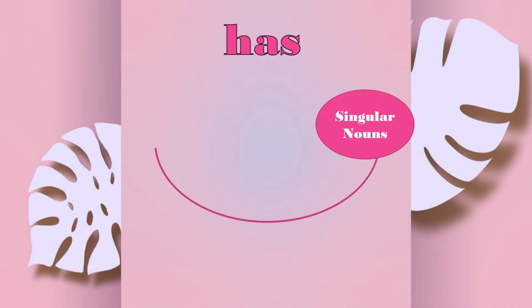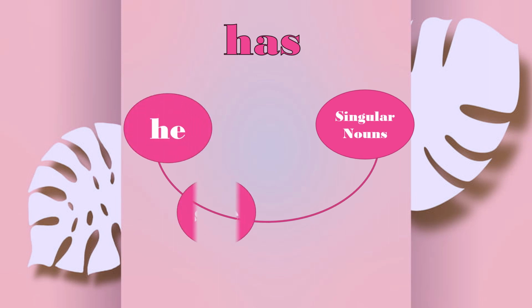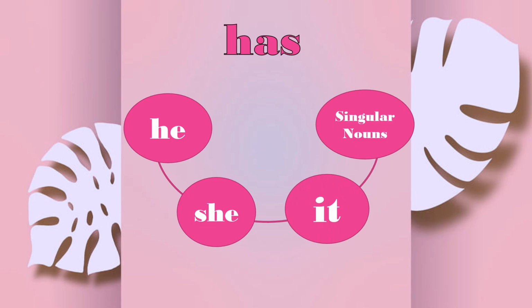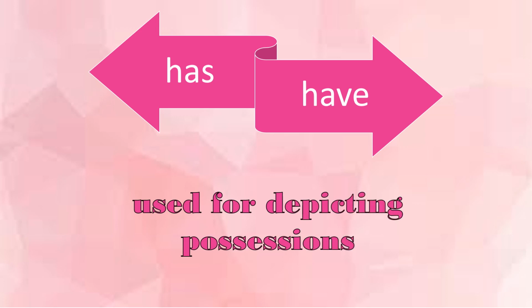So kids, we have found that has is used when our subject is any singular noun, he, she or it. In all the sentences that we have discussed so far, the helping verb has or have shows possession, that is, what the person, animal or thing has.